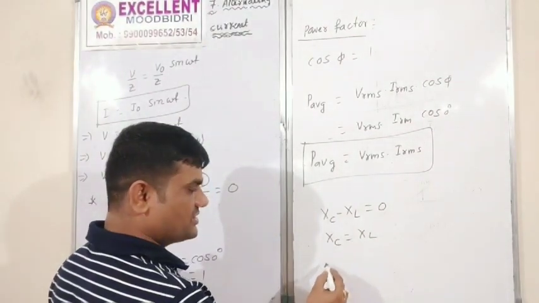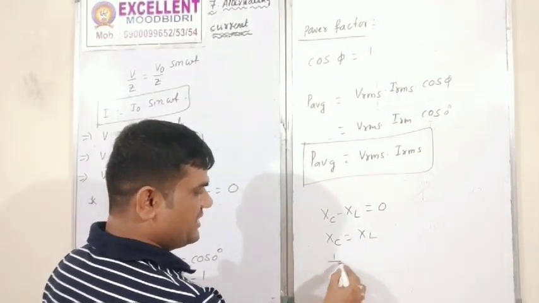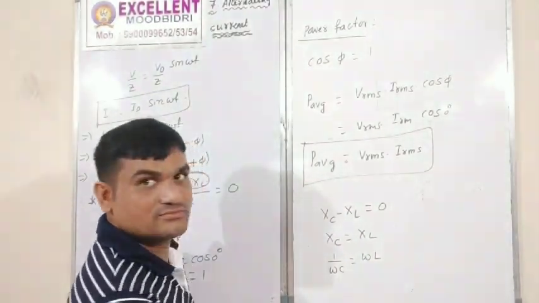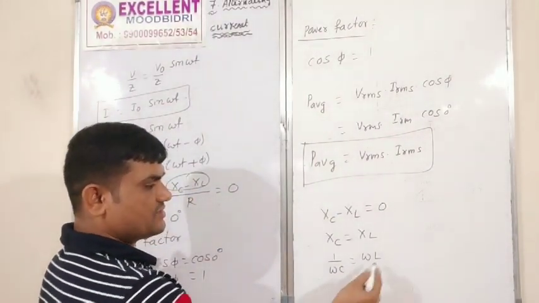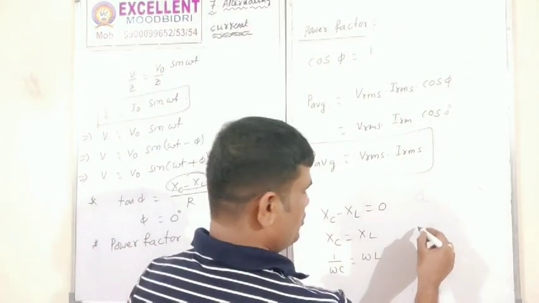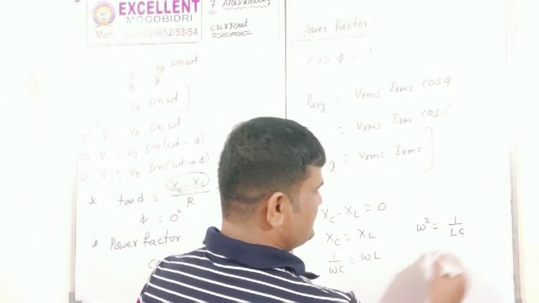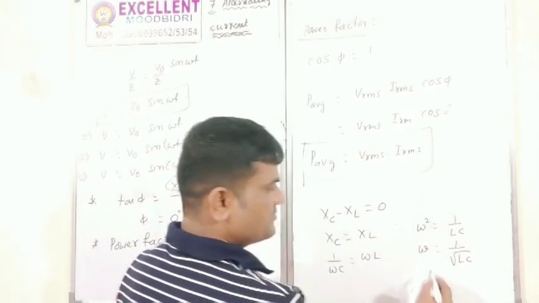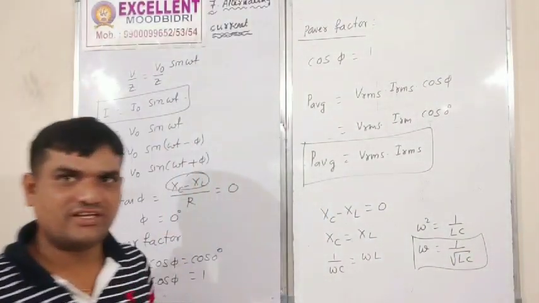XC is 1 by omega into C, and this is omega into L. So omega square is equal to 1 by LC. Omega is equal to 1 by root over LC. This is called the resonating frequency.